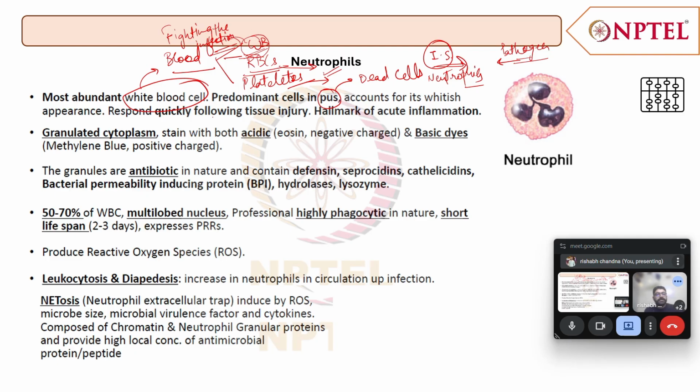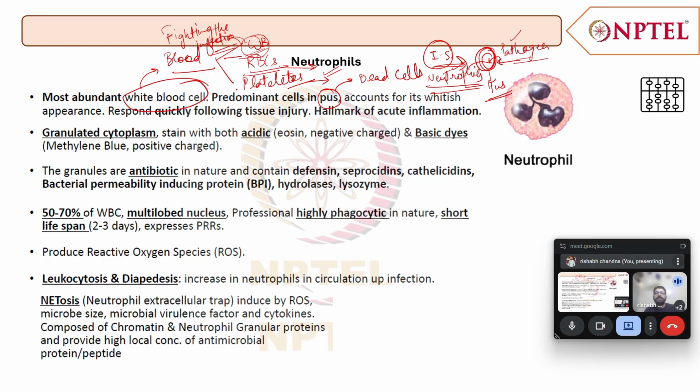When these fight with the pathogen, there are deaths of the cells, both pathogen as well as our immune system cells. So this dead cell debris is called pus. The major component of this pus is neutrophils that account for its whitish appearance.